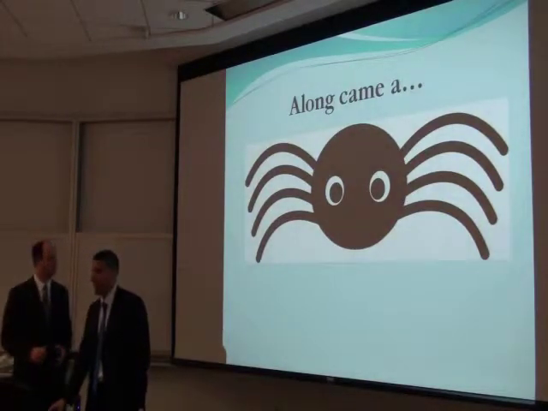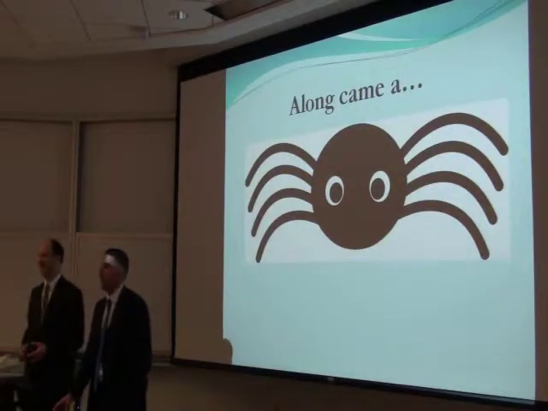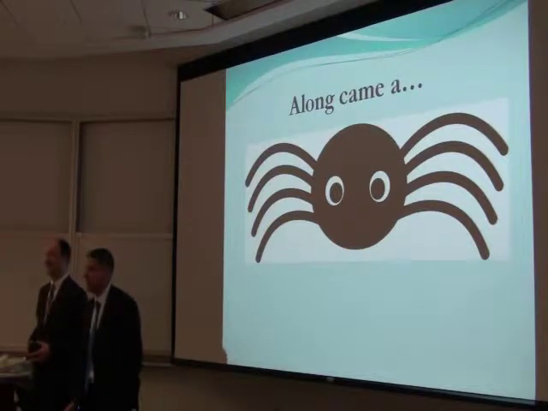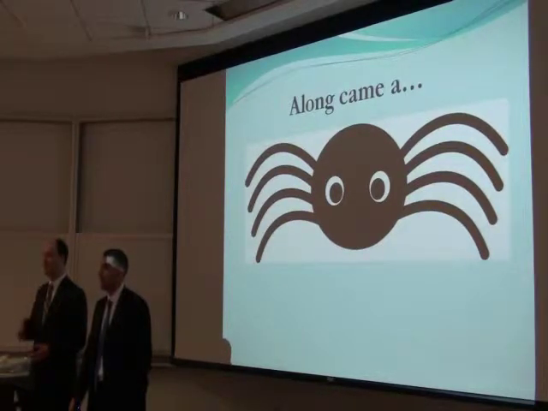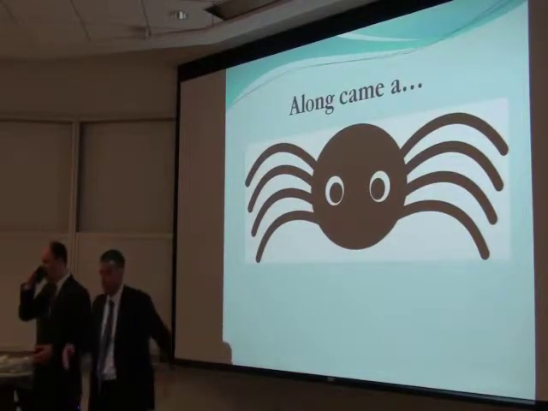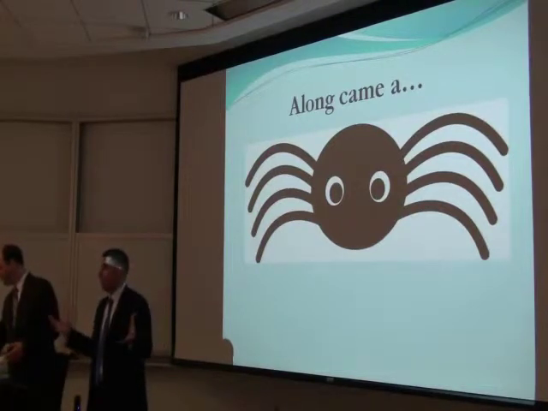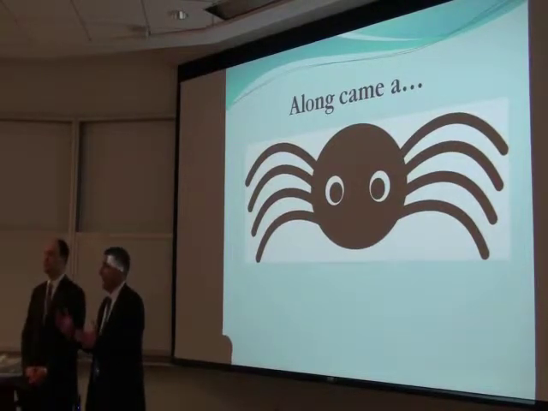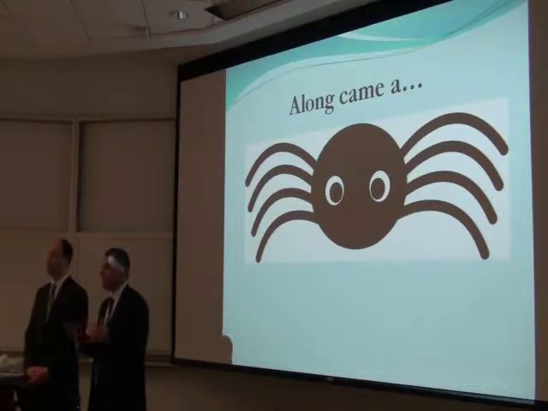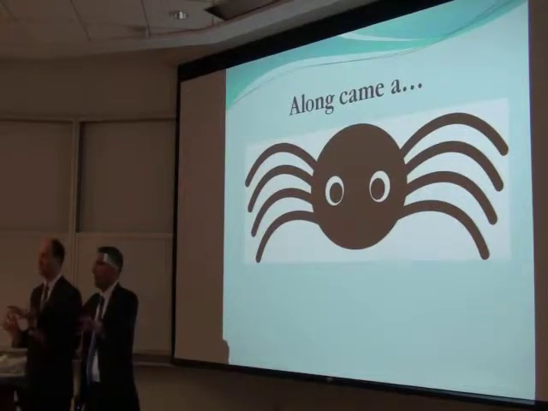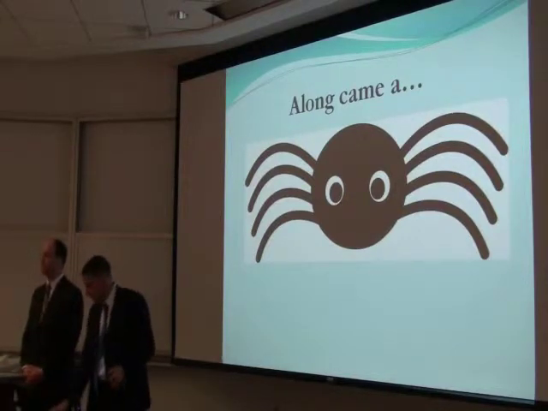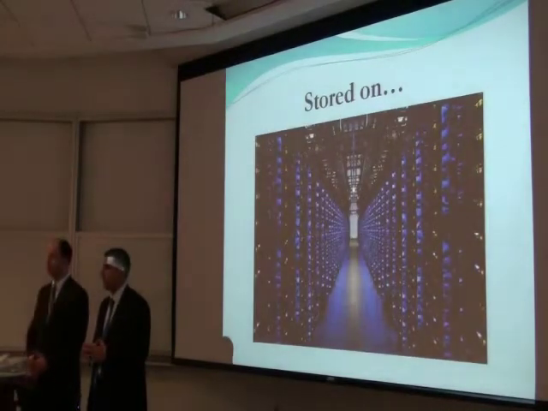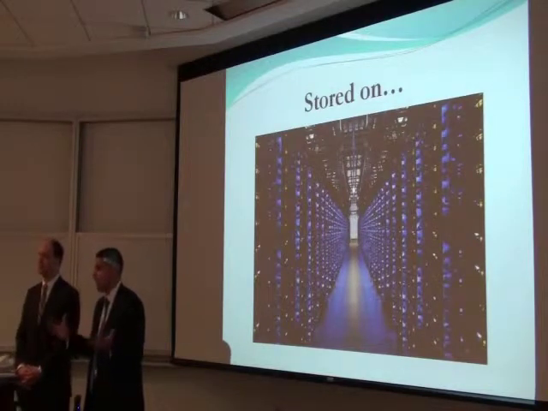But to get there, we have to understand how the internet works. Along came a spider. Have you guys heard of the Googlebot or search engine indexing? Basically, think of the internet like this: there are these companies, Google, Bing, and Yahoo, and they have a spider that crawls the internet and records everything, copies everything, and saves it on a server. The servers are just computers with memory, right?